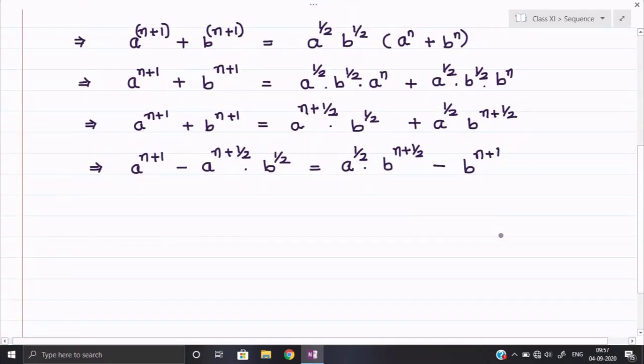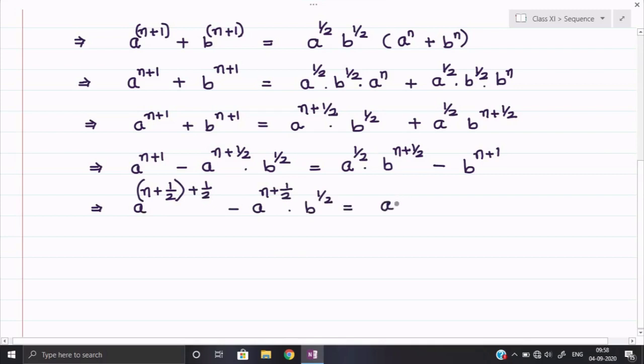So we'll do one thing. A to the power n+1, we can write as a to the power (n+1)/2, here I am putting the bracket, and again plus 1/2, minus a to the power (n+1)/2 into b to the power 1/2 as it is.